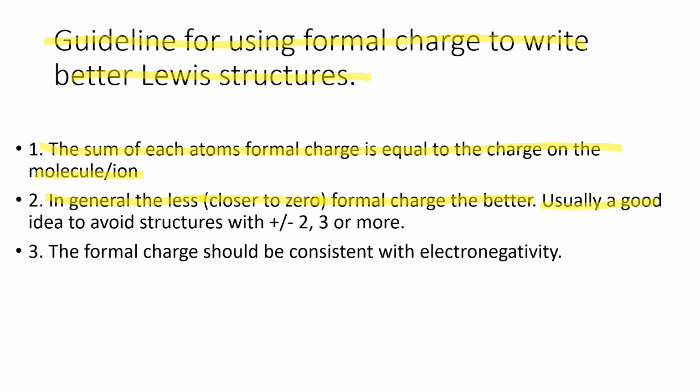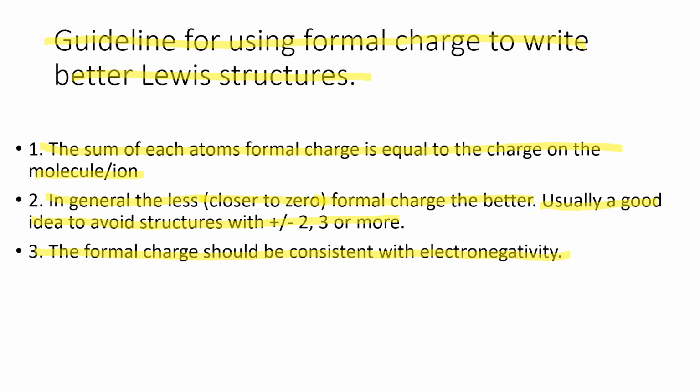Usually it's a good idea to avoid writing structures that have formal charges of plus or minus 2, 3, 4, 5. Generally, you want formal charge to be 0 or pretty close to 0. The other thing that we're going to see is that the formal charge should be consistent with electronegativity values.